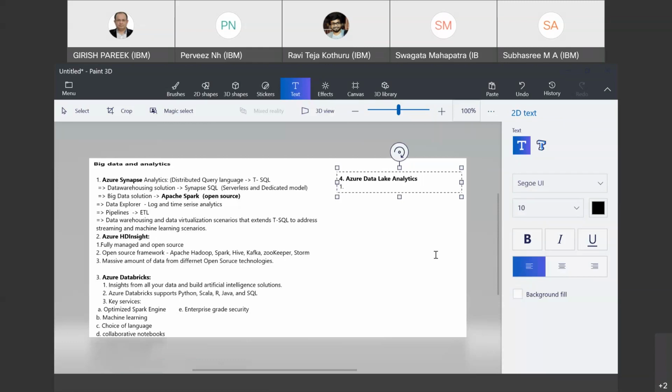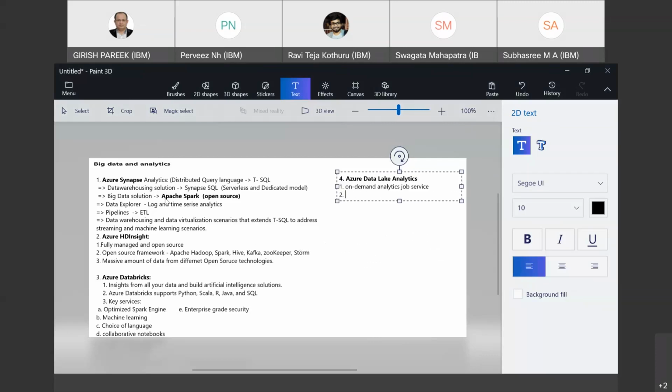So basically, the Azure Data Lake helps you do on-demand analytic job services, like Azure Synapse Analytics, which was also a kind of analytic service. Similar to that, Azure Data Lake also helps you do on-demand analytics. But the objective of Azure Synapse was different from Azure Data Lake, and we will discuss how it is.